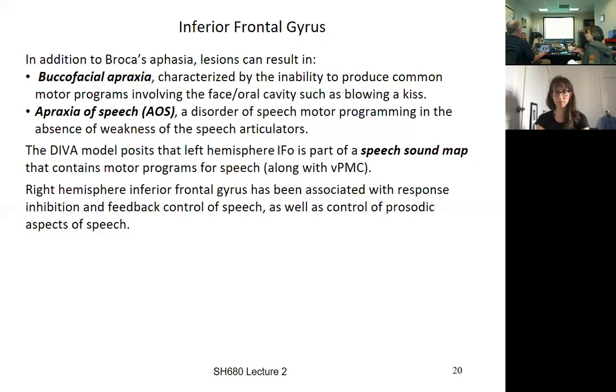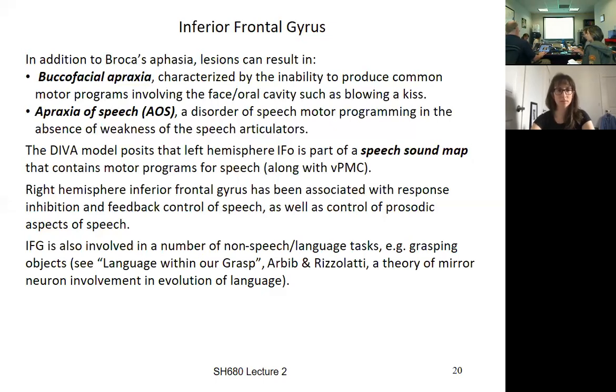So when you perturb the speech articulators and people compensate for that, we see activity in right inferior frontal gyrus when they're doing that compensation. So we think of it as probably a premotorish job of figuring out how to compensate for perturbation, which is detected either auditorily or somatosensorily.